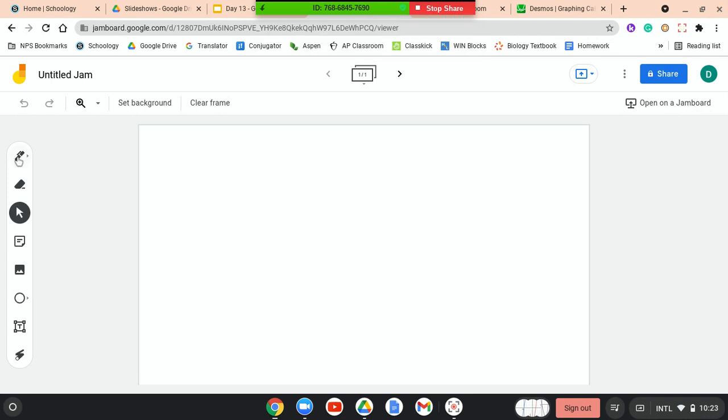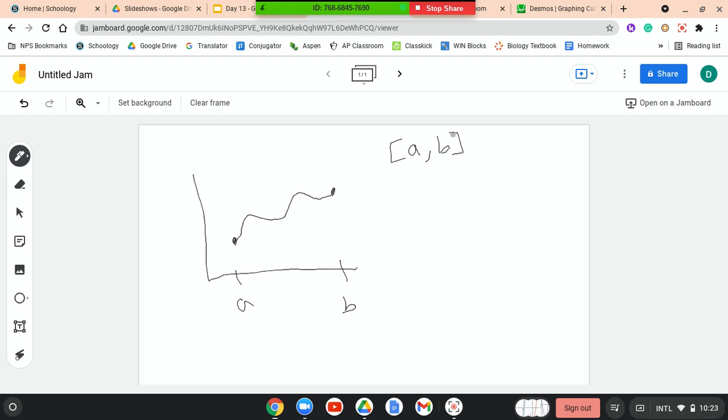Okay, awesome. So let's say I'm looking at some weird function, and we'll say that this is x coordinate A. I'll graph my axes, and this is x coordinate B. And I'm looking at the function on the closed interval A, B. Because it's a closed interval, as we talked about yesterday, there's going to be a local minimum here and a local maximum here, because one endpoint is at a low and the other endpoint is at a relative high.